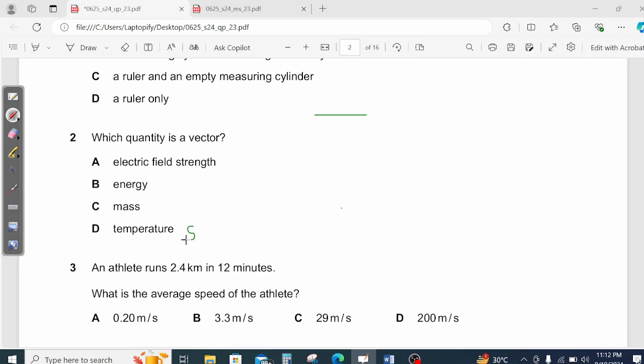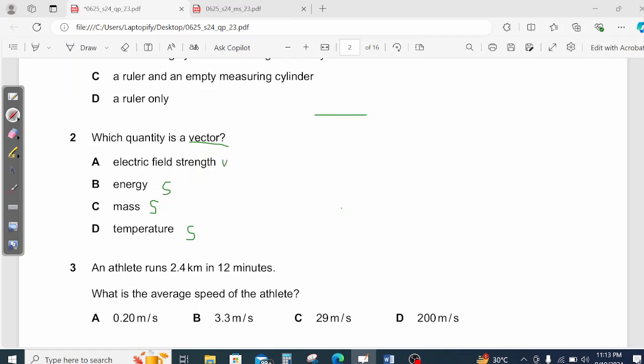Remember, a little hint: scalar quantities are those that can be described by only magnitude, but in the case of a vector you need magnitude and direction also. Temperature is a scalar quantity, mass is also scalar, energy is also scalar.